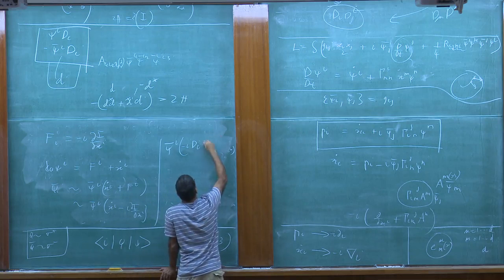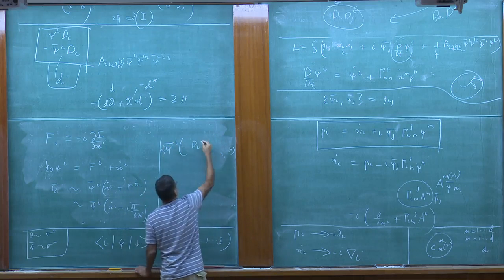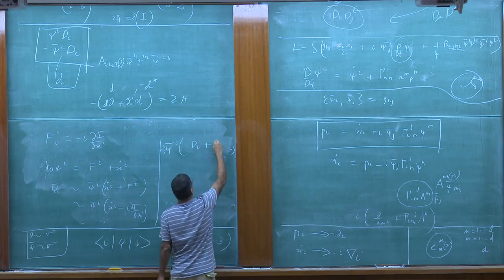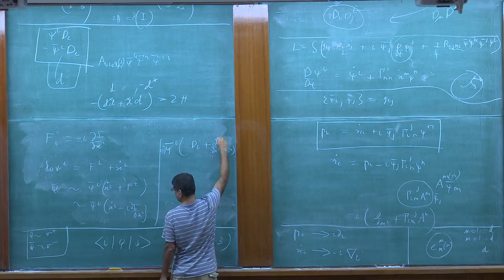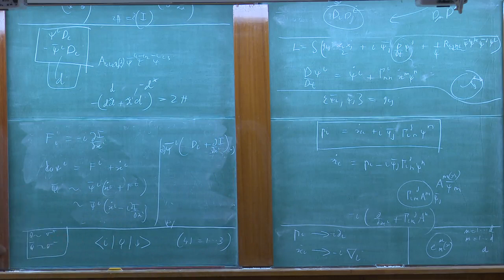Right. So we'll take minus i out: D i plus del by del x, xi of I. Okay, clear?